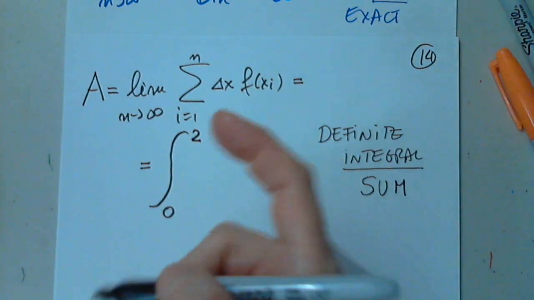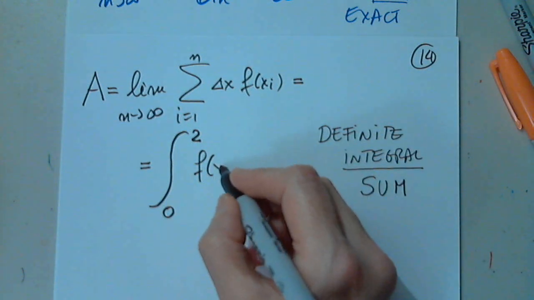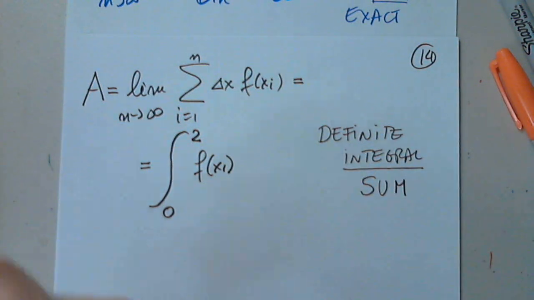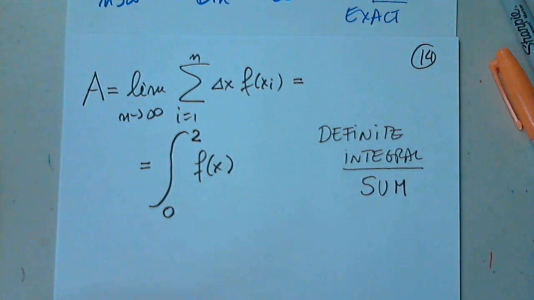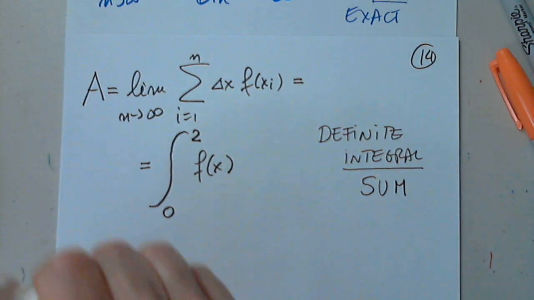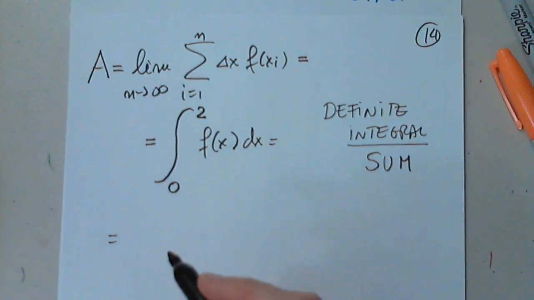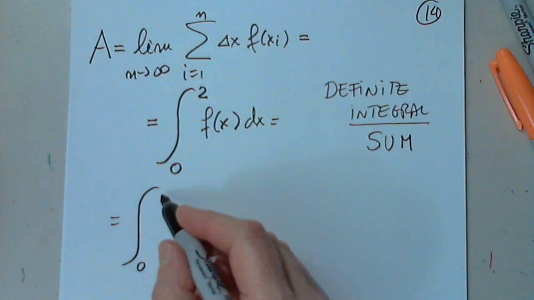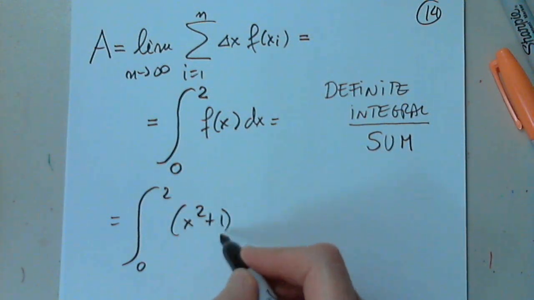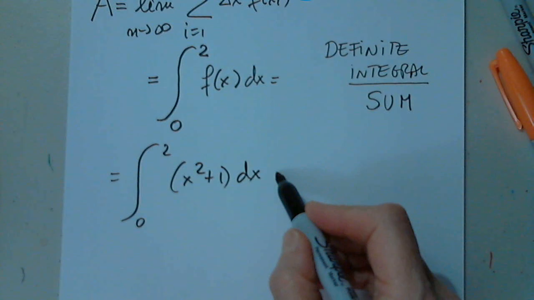Same idea. I'm going to explain all those steps again after the test. I didn't mean to put the 1 in there. So this is the definite integral from 0 to 2 of x squared plus 1 dx. And I will explain after the test.